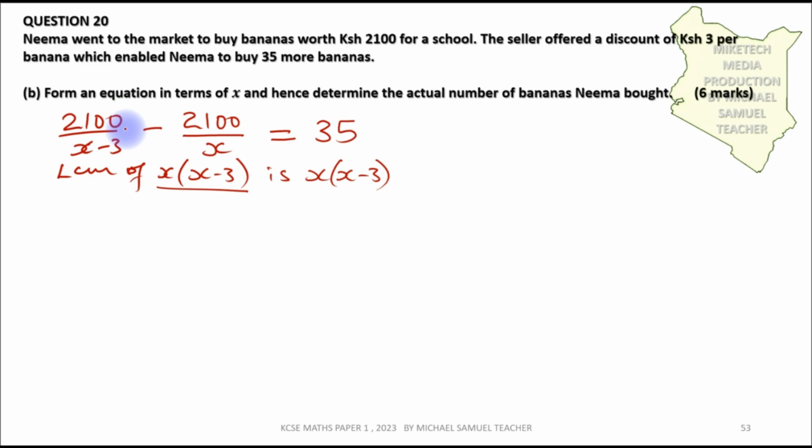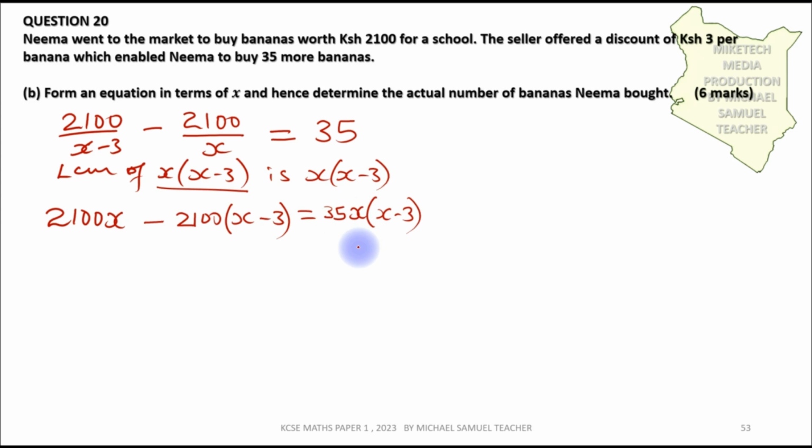If we multiply this term by the LCM, we are going to get 2100 times x, and x minus 3 will cancel. Then for the other one, x minus 3 and x minus 3 will cancel, so we have 2100 times x minus 3... will be equal to 35 times x times x minus 3.